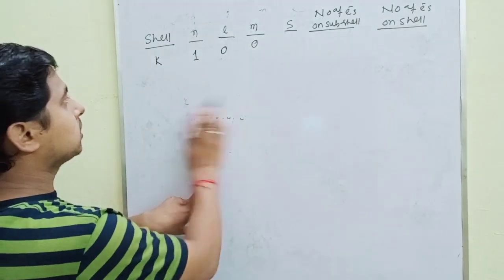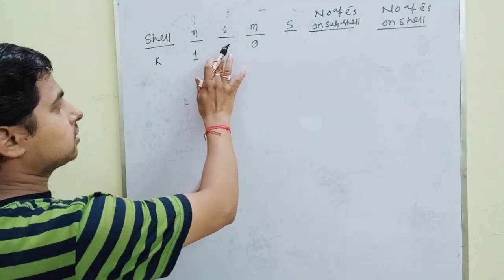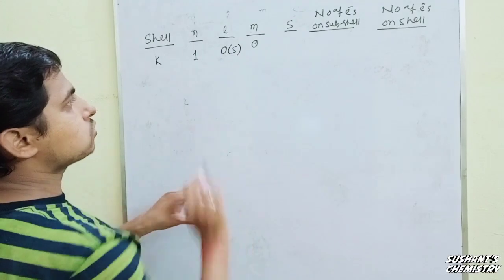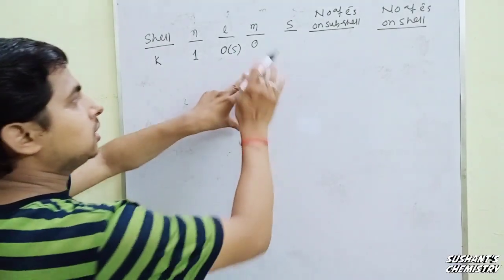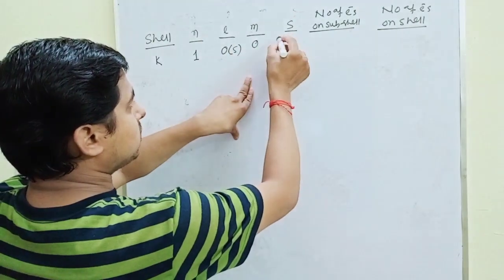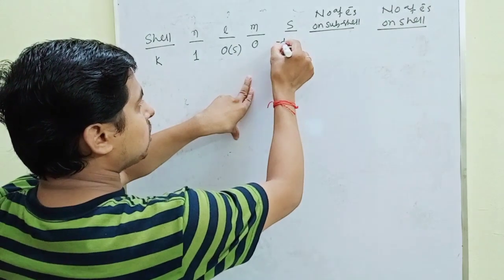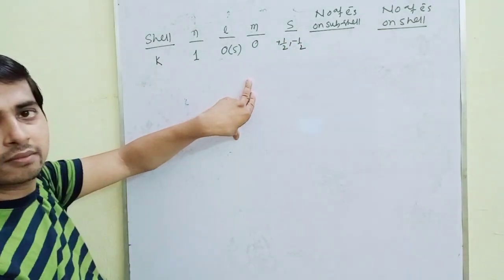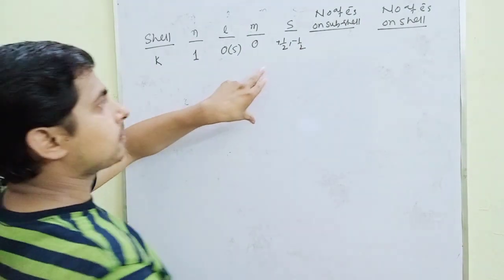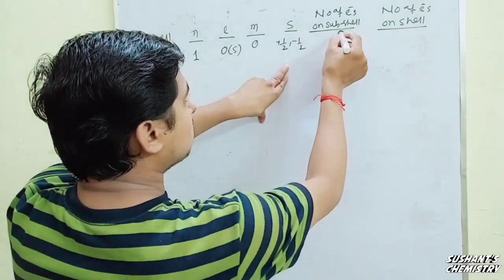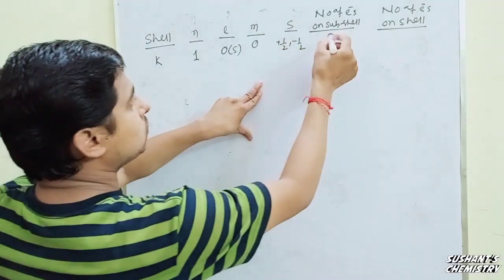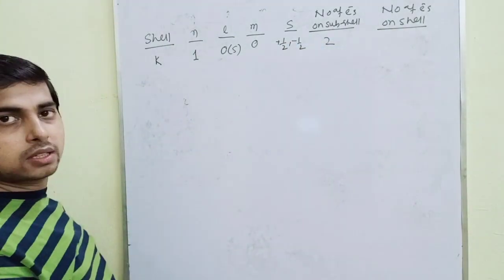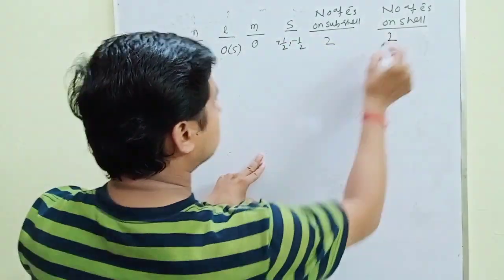That means the S subcell contains one orbital whose m value is 0. This orbital contains two electrons, one is clockwise and one is anti-clockwise, right? For that, the number of electrons in the subcell is 2, and number of electrons in the cell is also 2.